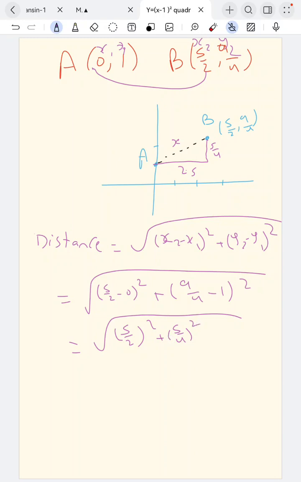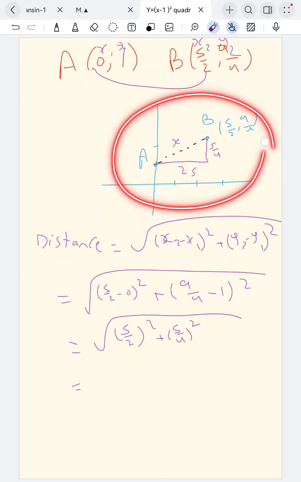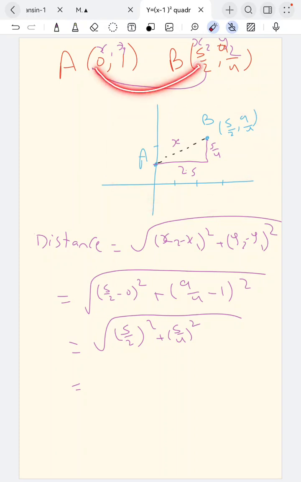You can do it this way, and the formula is easy. But if you don't remember the formula, you can just sketch. Think about the distance from this to this and from this to this. Then use Pythagoras. So now we just need to get the answers.